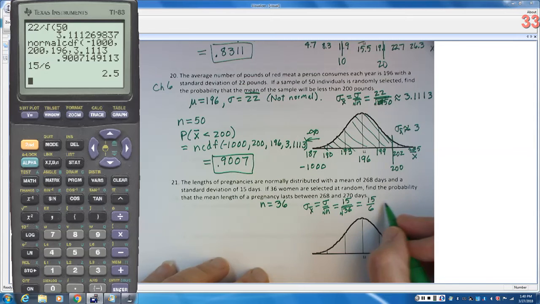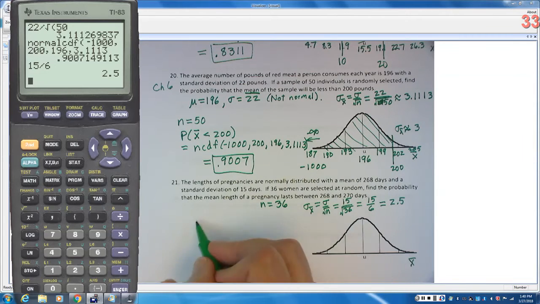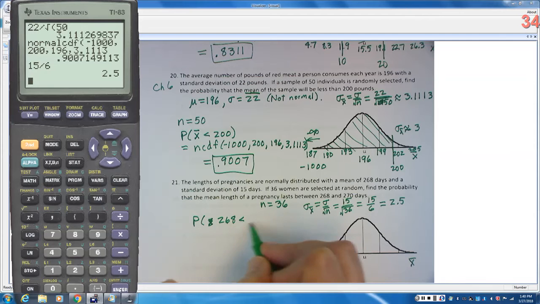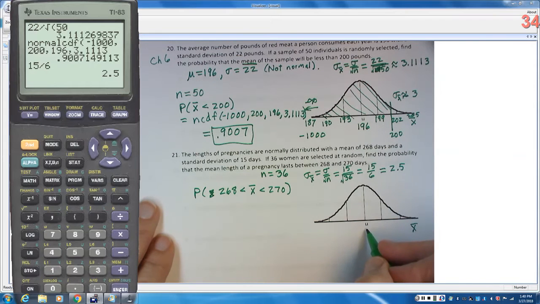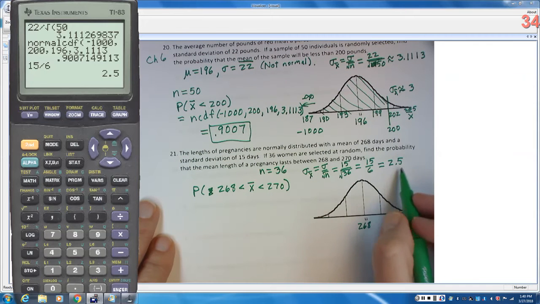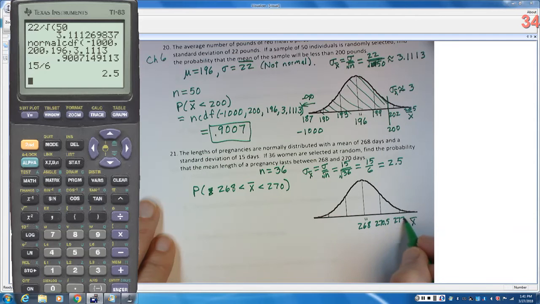It came out exactly to 2.5. So you're looking for the probability x bar between 268 and 270. You mark your curve off: the mean is 268, and you have to use the new standard deviation, 2.5.